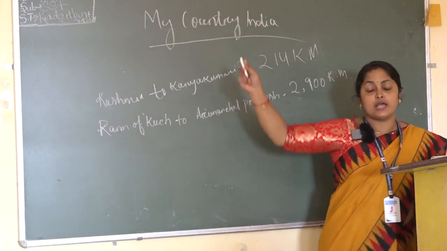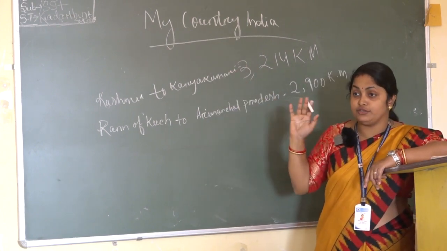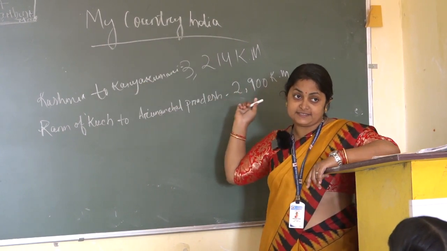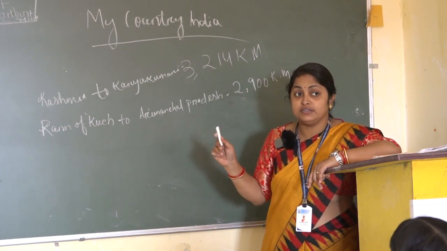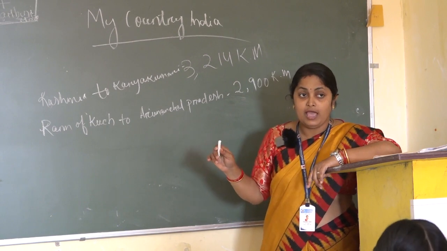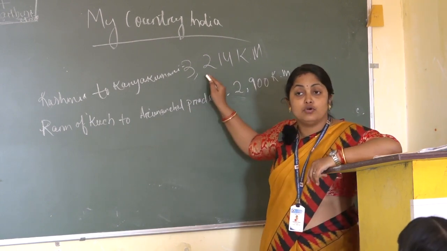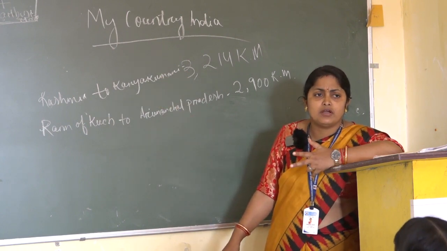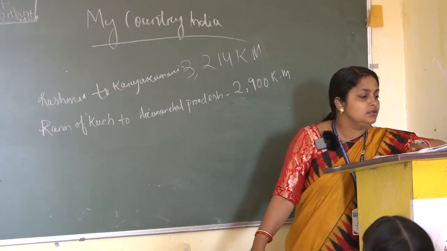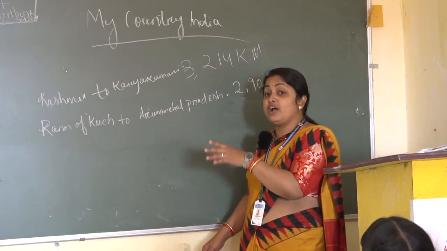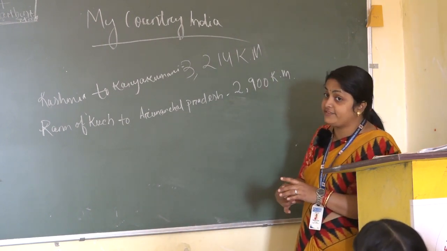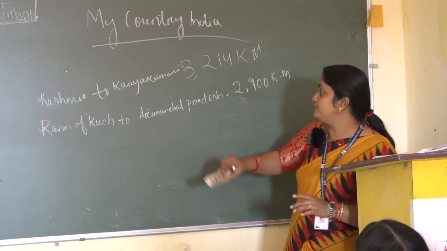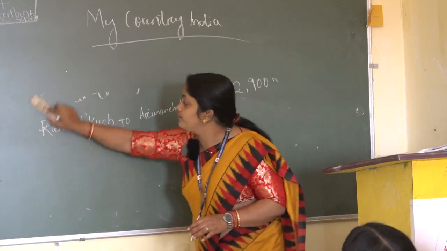So from north to south it is 3,214 kilometers and from west to east it is 2,900 kilometers. Okay, and the total coastal length is 15,106.70 kilometers.